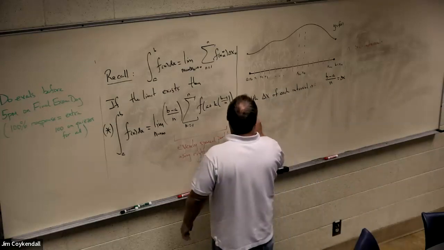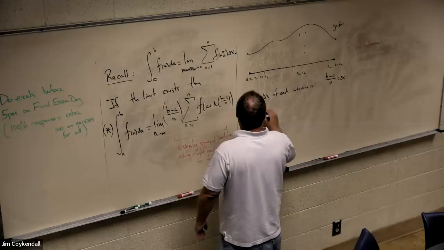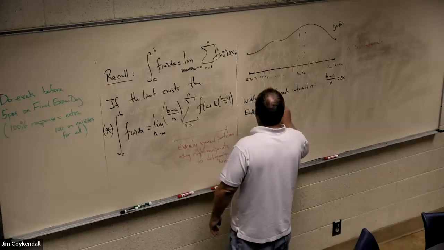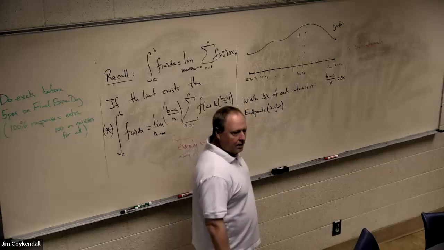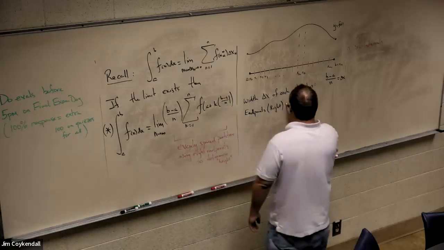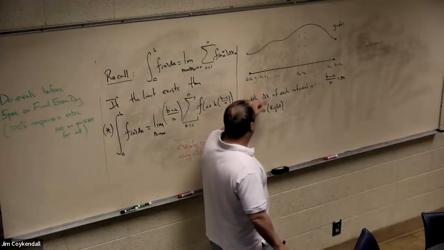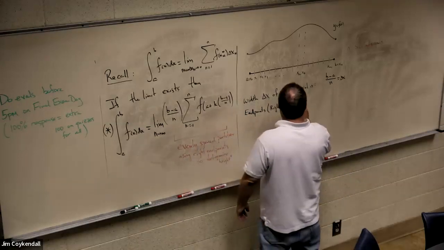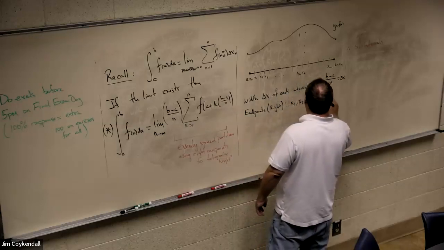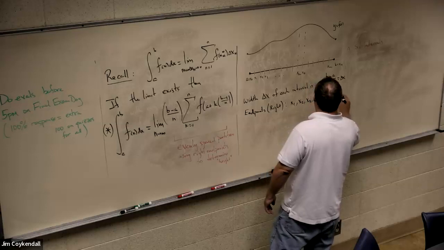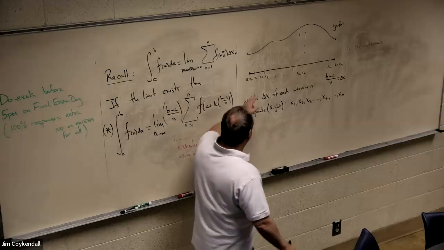The endpoints. We're using the right endpoints to determine height. What are the endpoints? Well, they are, in order, x1, x2, x3, all the way up to xn. Right, because I'm using the right endpoint.